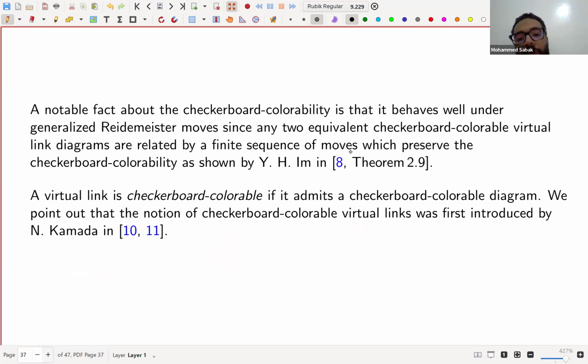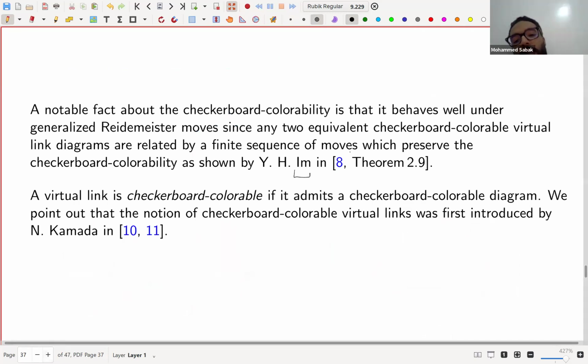Checkerboard colorability of virtual links behaves well under the generalized Reidemeister moves, since there is a theorem that states that if we have two checkerboard colorable diagrams which are equivalent, then there exists a sequence of checkerboard colorable preserving Reidemeister moves that go from one diagram to the other.